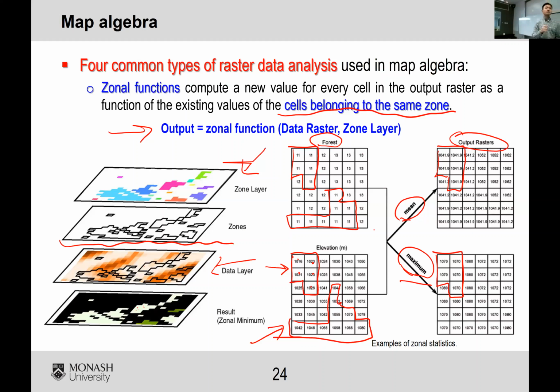for that zone. So the unique thing about zonal function is you're not looking at individual cells. So you compute the value for the cells based on which zone they belong to.